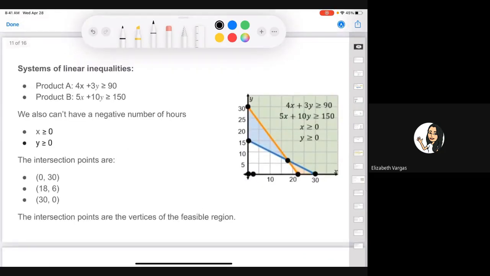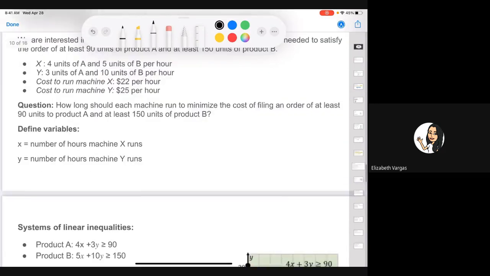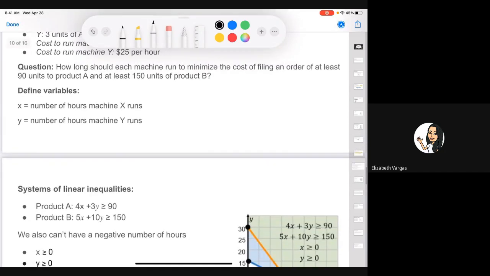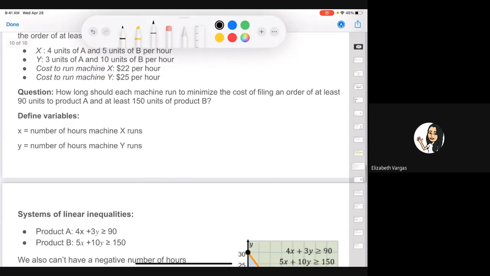And so here are the equations that we would create that demonstrate those constraints. So product A, I'm trying to identify what my machines will create.